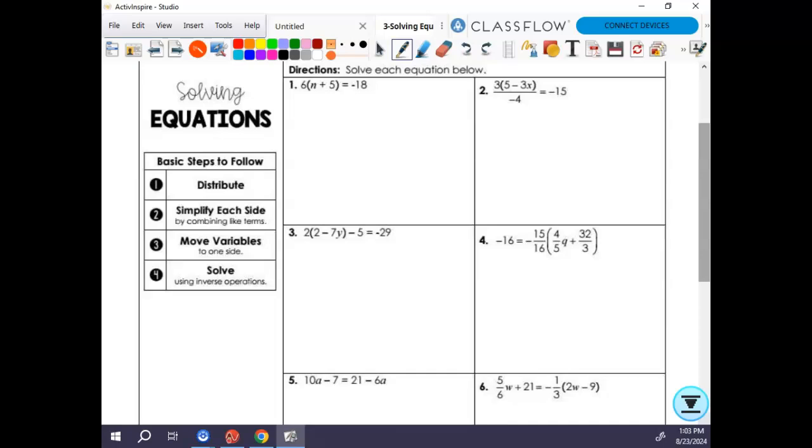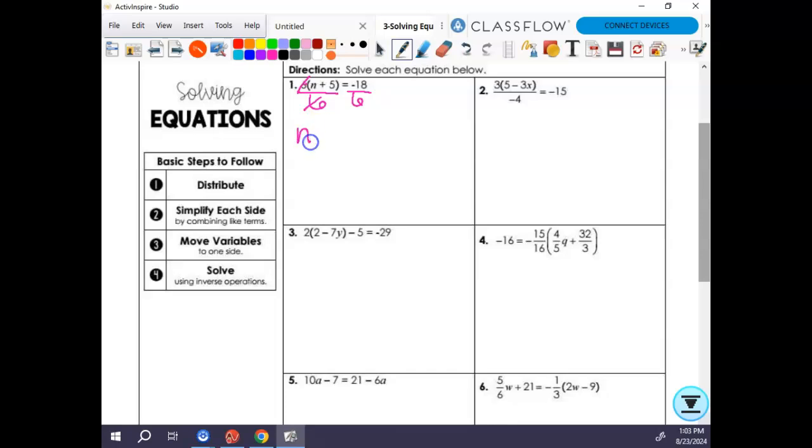But here's one thing we can do. Because there is one term here and one term here, and this 6 is being multiplied, I can divide by 6 right now. I can divide both sides by 6. These 6's cancel out.